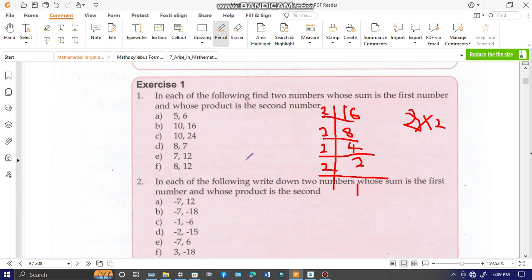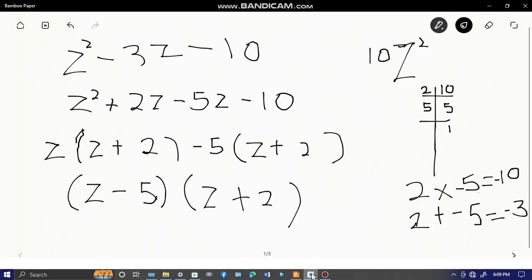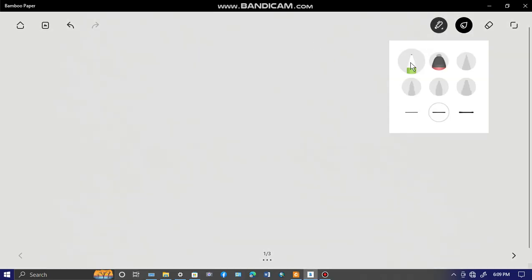Factors of 24. So you start with a 2. Okay, let us do it on a more clear paper. We are looking at 24. So you find the factors of 24.